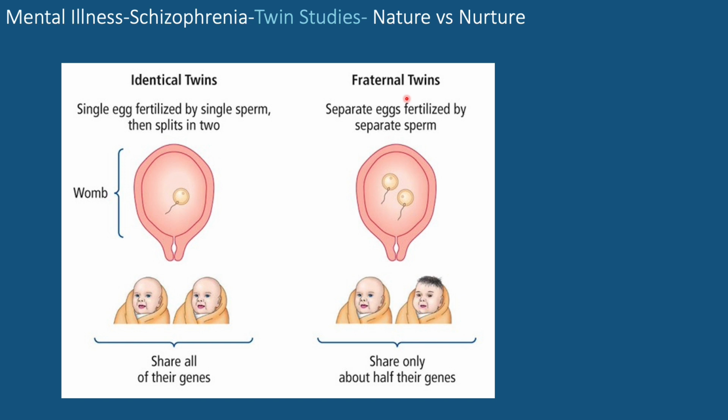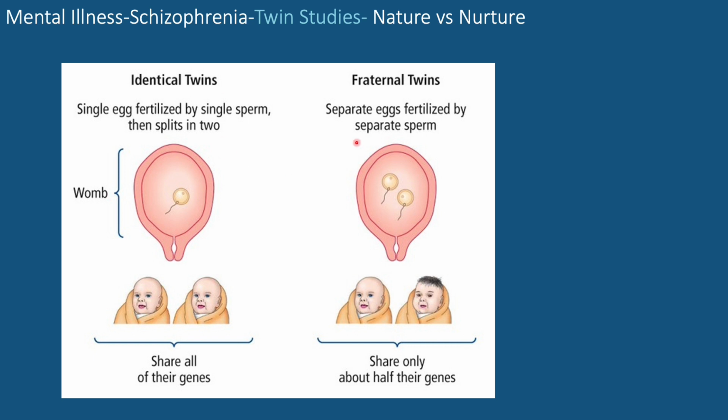Because the genes of monozygotic twins, or identical twins, are identical, it is possible in a situation where one twin has a disease and the other does not, to narrow down the reason for the development of that disease to environmental factors.